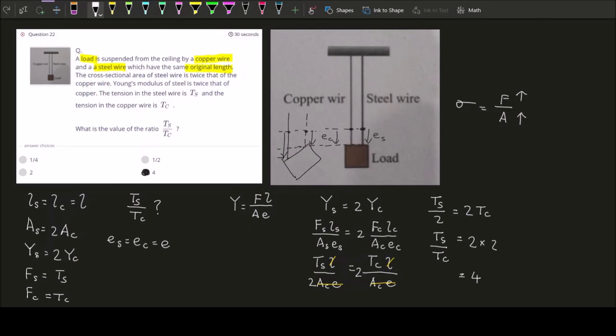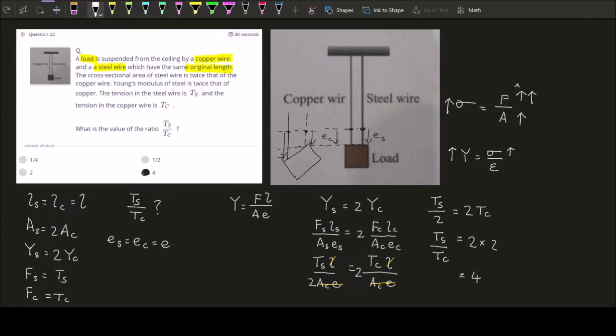Besides that, Y equals stress over strain. If you have a larger Young's modulus, it also means you need a larger stress. So you need a larger force, because you cannot change the cross-sectional area.